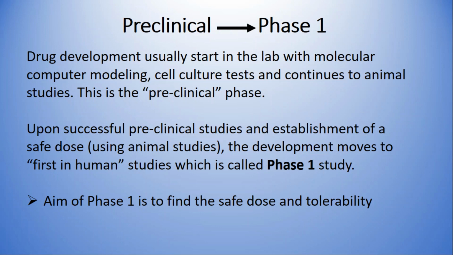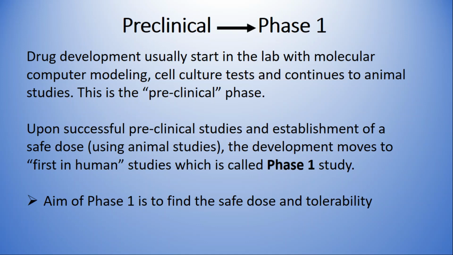They design a compound and use computer models to see if it works, and if they think they have the compound, then they use cell cultures. For example, if it's a liver disease or a brain disease, they have cell cultures from the liver and the brain. They test it on those, and they have models to figure out whether the compound is effective or not.